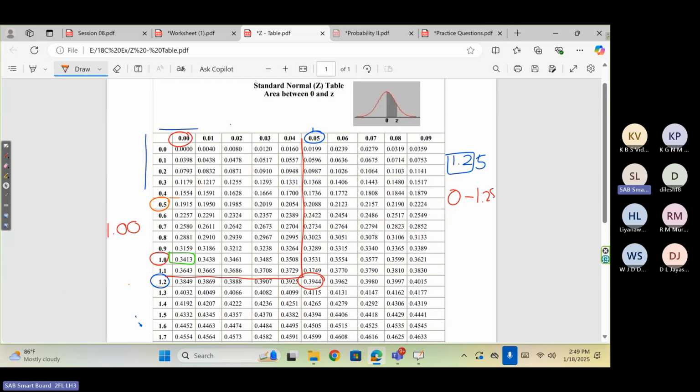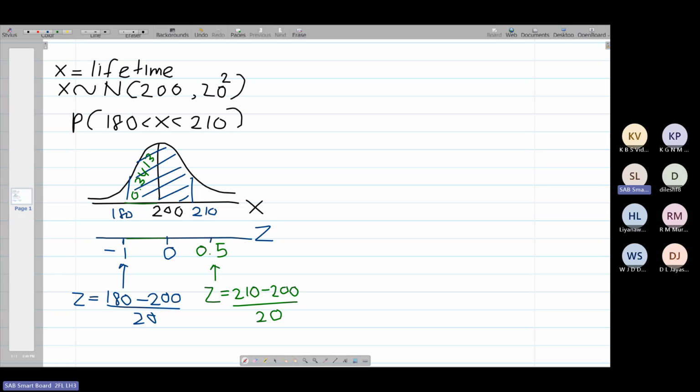Then what is the answer? 0.1915. There is only the first decimal place; the first digit is 0, the first decimal place is 5, and there is no second decimal place, so it means 0. That is 0.500. It's clear? 0.1915 gives the area from 0 to 0.5.